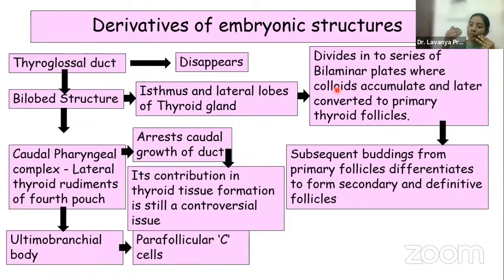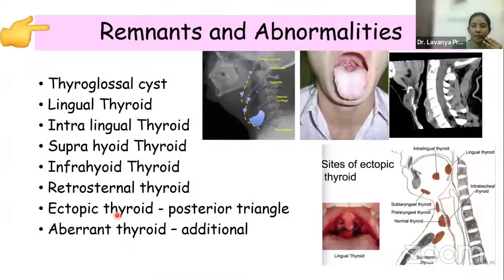As a next step, subsequent differentiation or further budding of these primary follicles results in the formation of the secondary follicular structure. In between these follicles, we have the parafollicular cells of the thyroid gland, which are derived from the ultimobranchial body, which we can see just lateral to this bilobed structure, in the branchial apparatus.